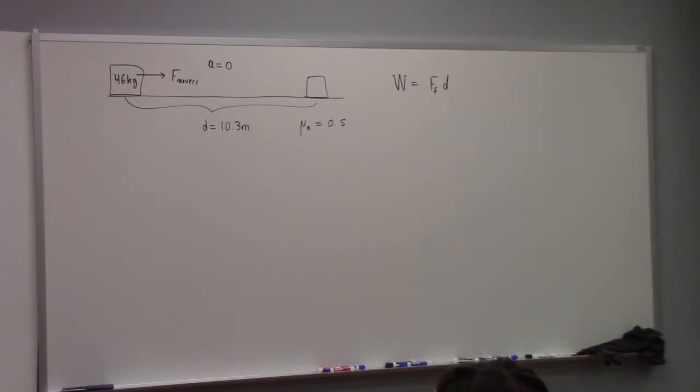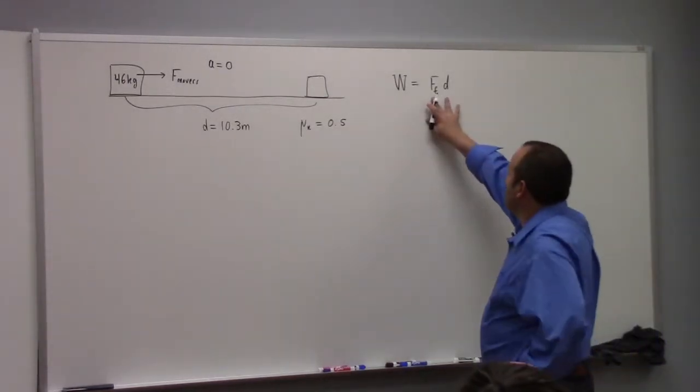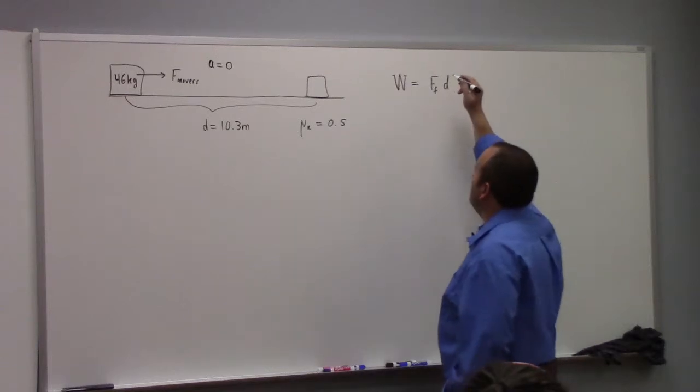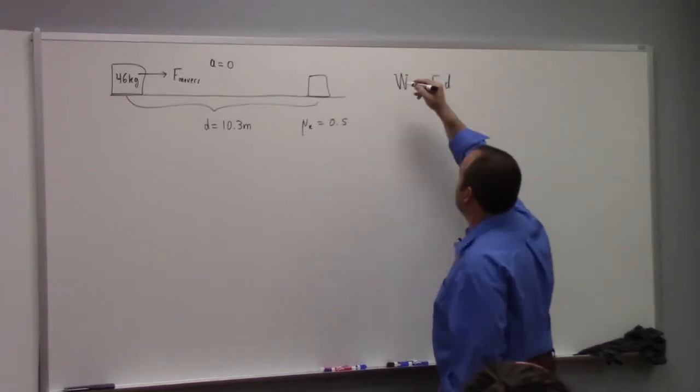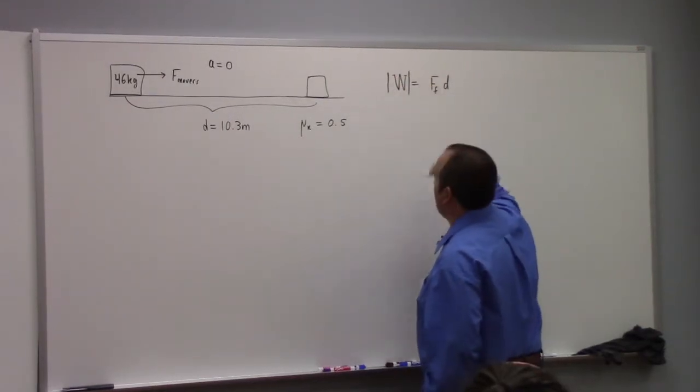So the work done by the movers on the box is the negative work because it's opposite the direction of motion. Now, it depends on the wording of the question whether or not we're supposed to give a negative answer or a positive answer here. A lot of times they'll ask you for the magnitude of the work done, so you don't have to worry about it because magnitude is positive. Let's just calculate the magnitude of the work done just to not worry about that minus.